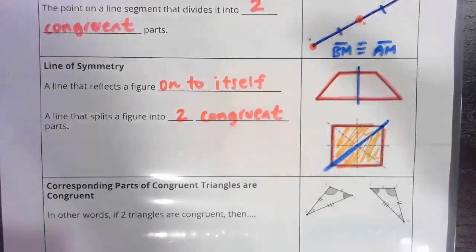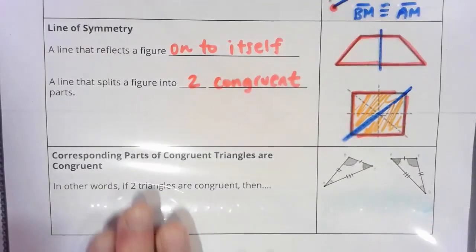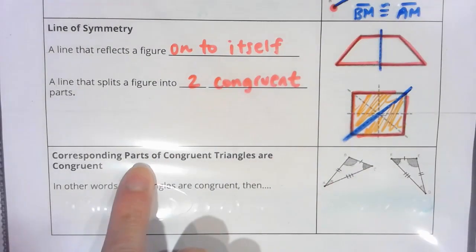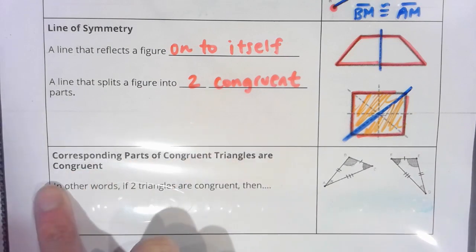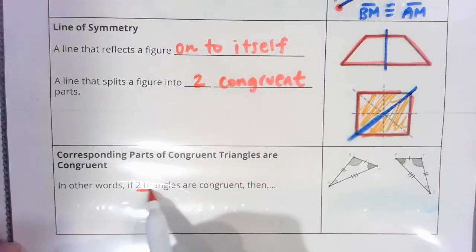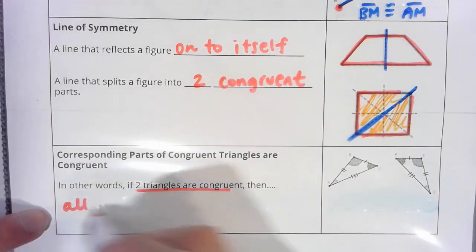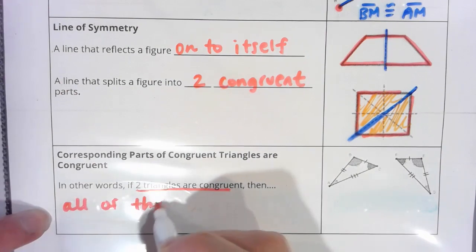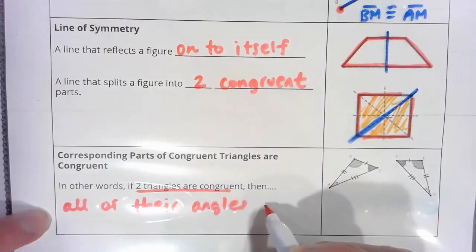Last one, and you learned this earlier this week, is the term corresponding parts of congruent triangles are congruent. In other words, you can think of this as saying, if two triangles are congruent, then all of their angles and sides are congruent.